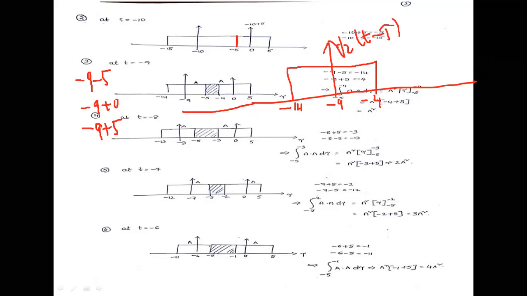Now, this arrow mark you always represent at the 0 only. So remove this here and keep this value here, and there is a 0. F1 of t starts at minus 4.